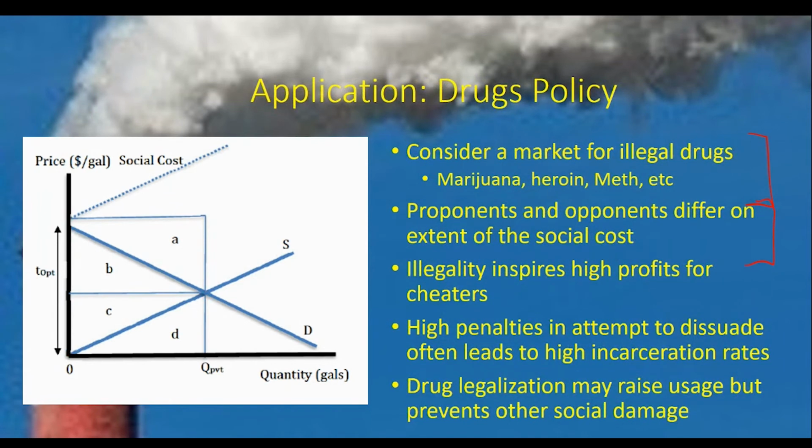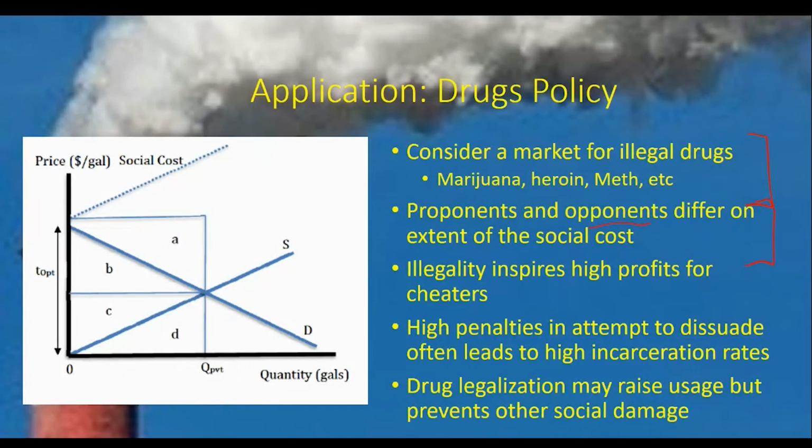One thing that's true, and this is coming about now because of the legalization of less harmful drugs like marijuana, for example, in many states, is that proponents and opponents of this policy clearly differ as to the extent of the social cost. It's a good example of how it's really hard to measure how detrimental is, for example, use of marijuana by the population, and is it worth banning it in order to achieve a better social outcome.